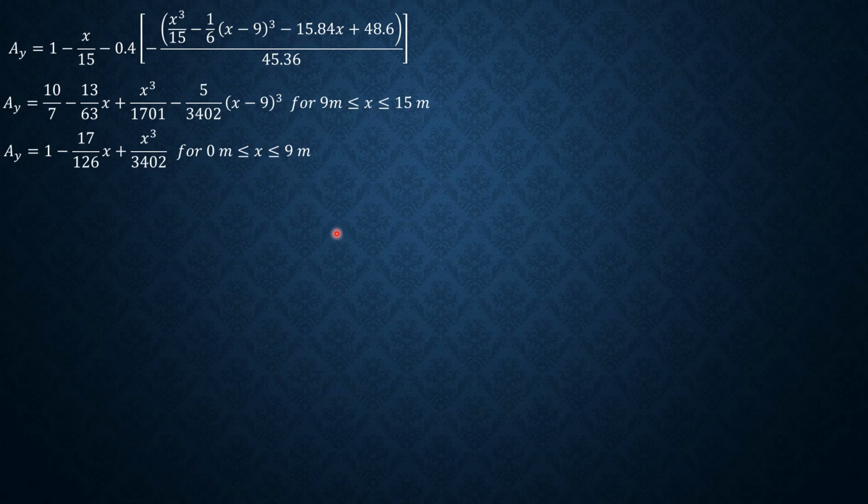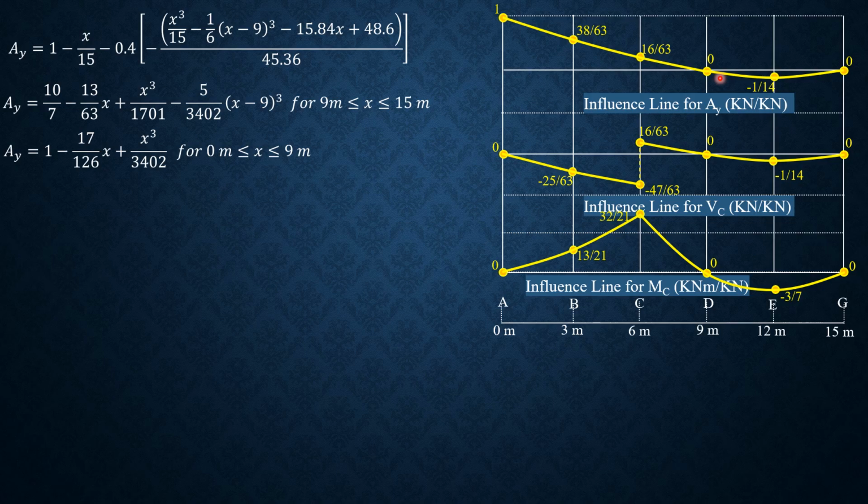So we can now have the value of AY max by integration. Take note that AY is positive from 0 to 9 and it is negative from 9 to 15. Since AY is positive, the live load should be placed from 0 to 9, which is 15 kilonewtons per meter, but the dead load is covering the entire span, so it is also covering this span here.